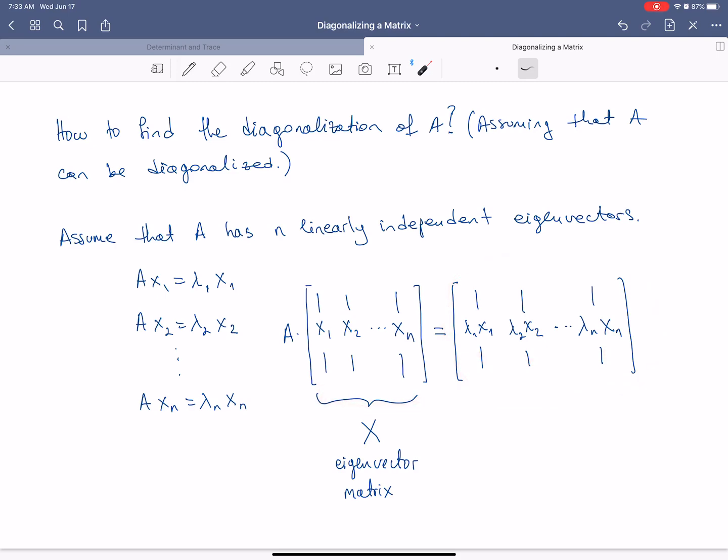So forgetting about A for a moment, I see that I can factor this matrix. Now, since these operations are on the columns, the matrix of operations will have to be on the right-hand side of the matrix X. So maybe I'll take this on a new page.